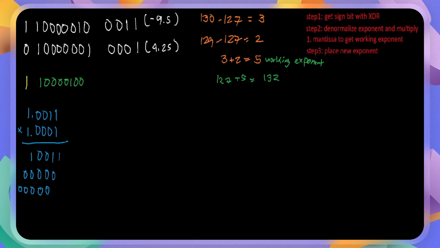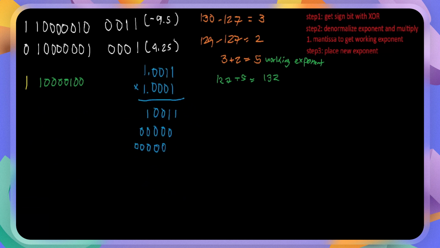I guess I'll move this. I'm running out of space. And then another 5 zeros. Then we just copy this. 1, 1, 0, 0, then a 1.